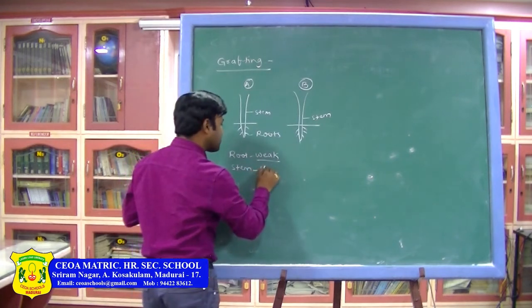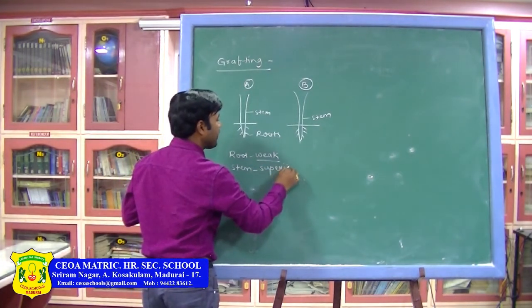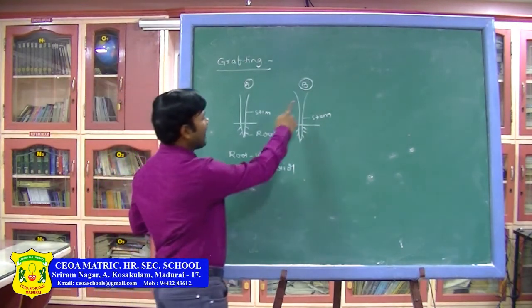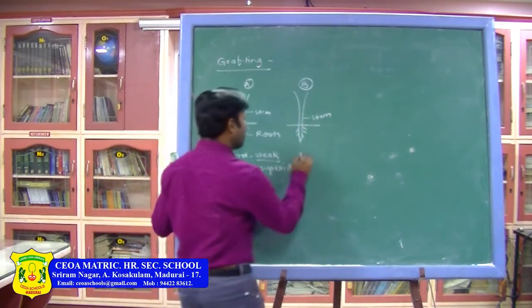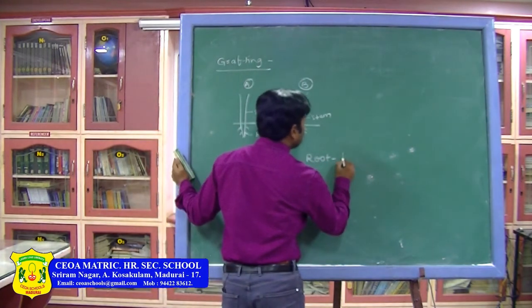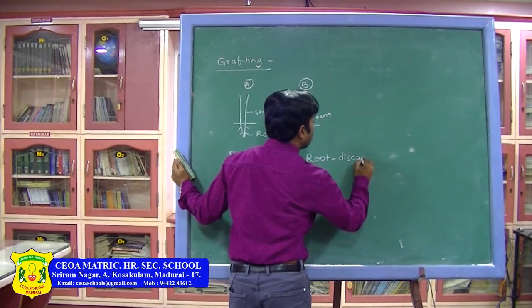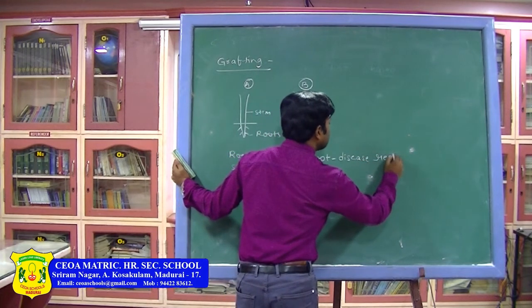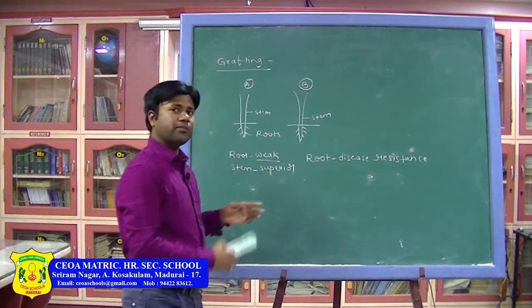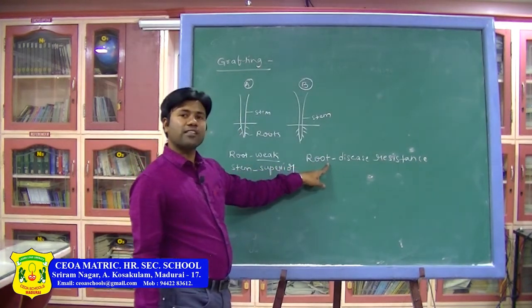So that stem is superior. But in plant B, the roots are strong and disease resistant. They exhibit disease resistance, which means the roots are strong.